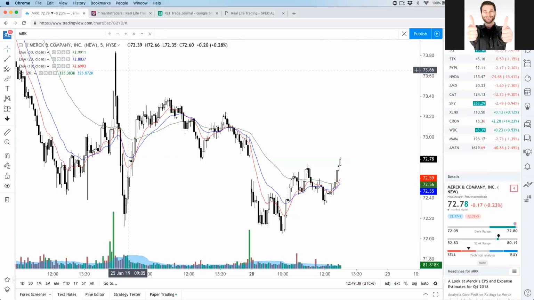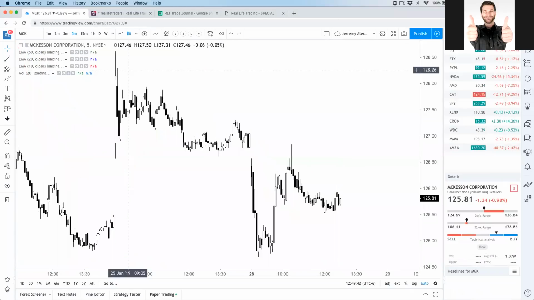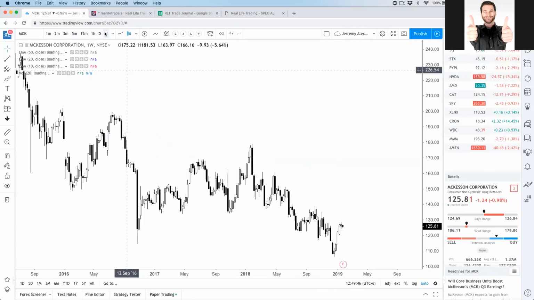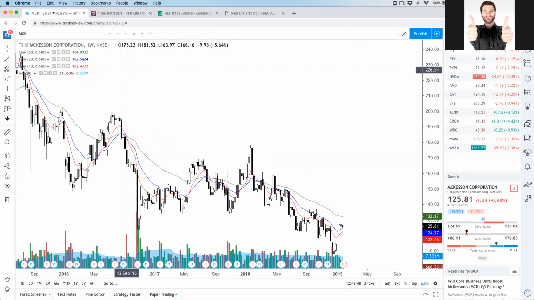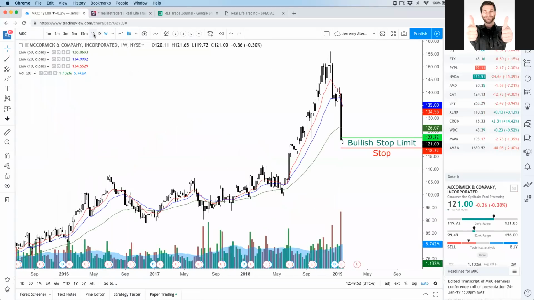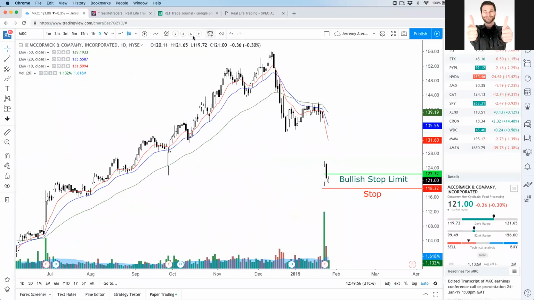We do have a swing trade set up on MKC. The reason I did this one, this is the daily chart. I don't look at Bollinger Bands all that often, but they are pretty cool to use every now and then.